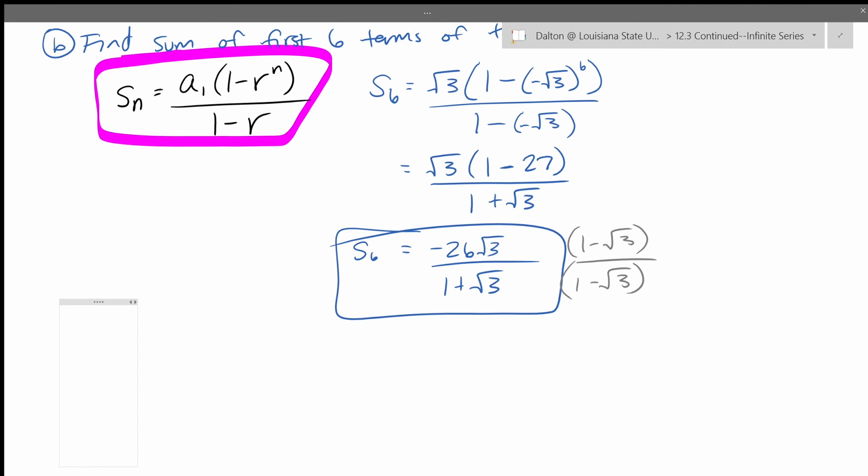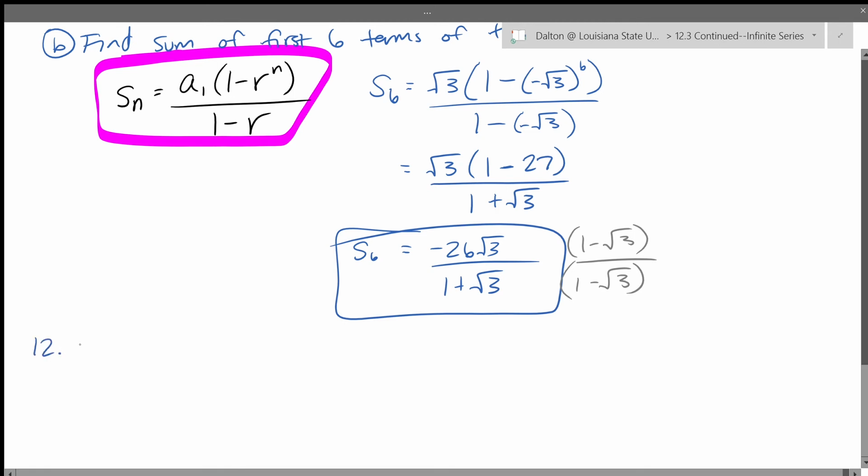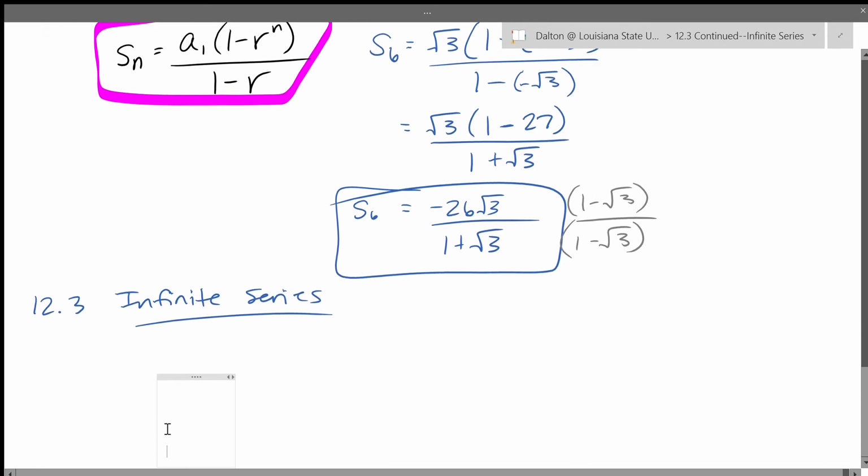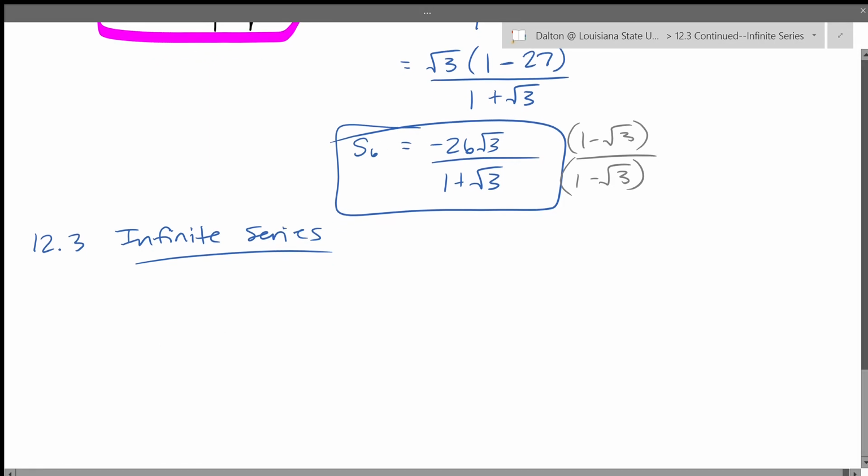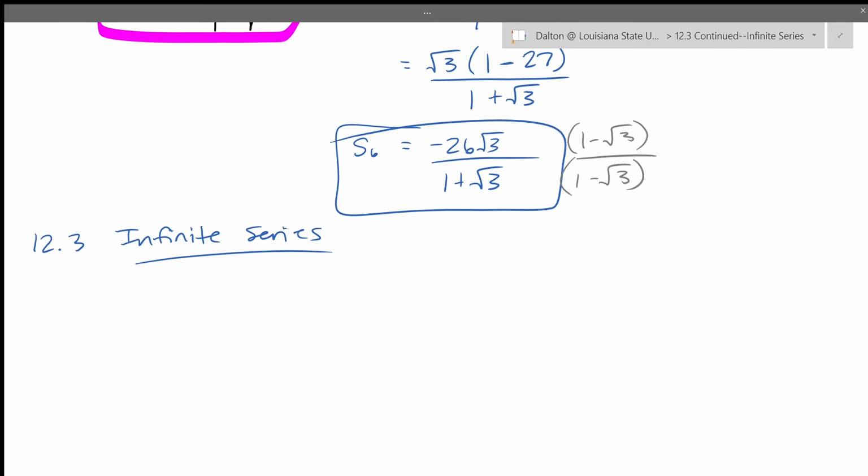Okay, then the last thing we discussed was starting to talk about 12.3, which was on infinite series. Basically we had a few big takeaways about limits. If we listed some numbers, what value were they all getting really close to, which was kind of like asymptotes, right?